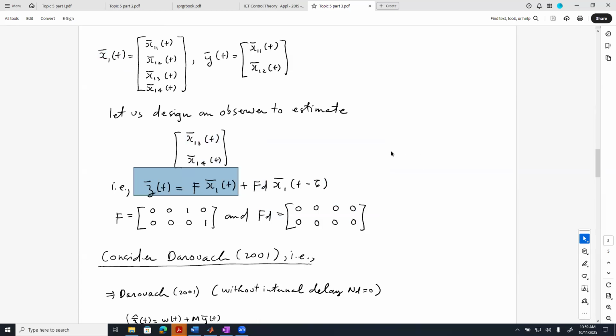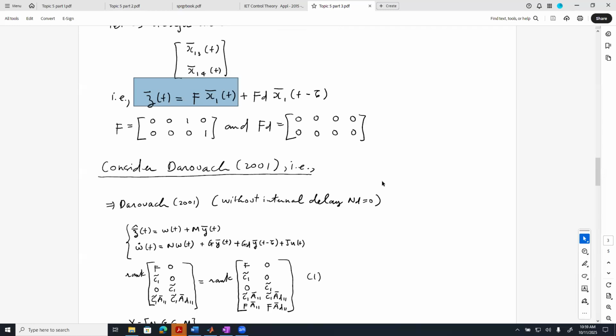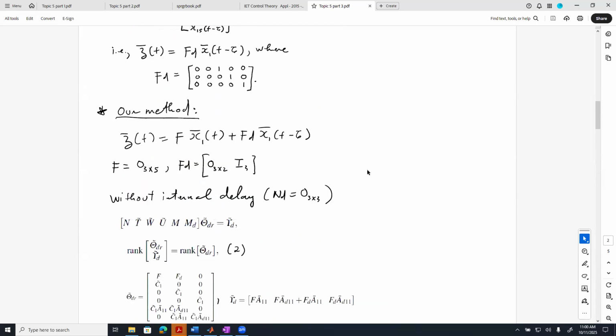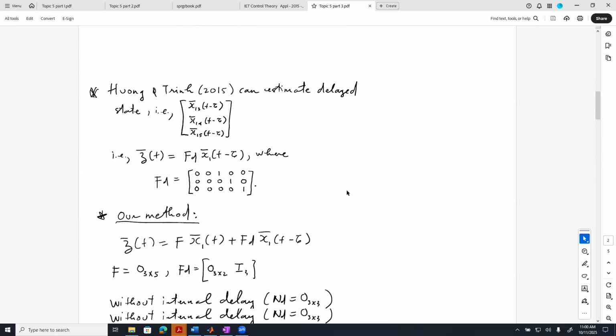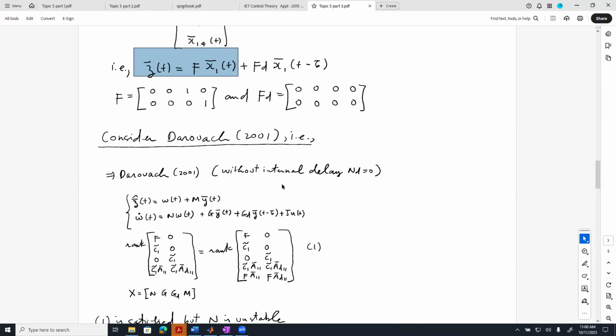There are existing methods available in the literature, including, for example, Darouach, Nam, and even Howe and his colleagues in 2002, and so on. If we desire an observer, we always like to go for the one with the simplest structure. Let's say that we aim to design an observer without internal delay for the sake of simplicity. The attractiveness of it is that the error analysis is independent of the time delay.